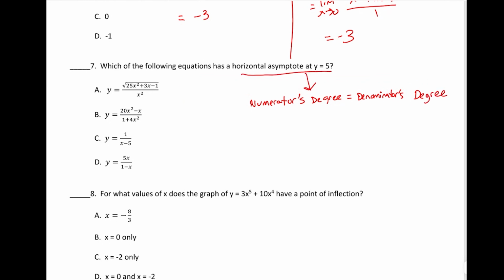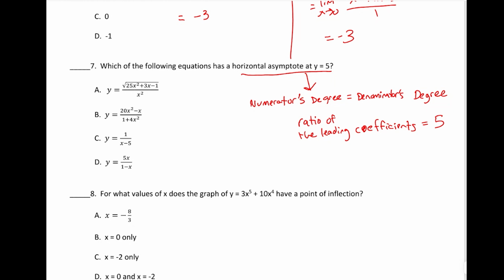Okay, not only do the degrees have to be the same, but the ratio of the leading coefficients must be 5. So like 5 over 1 or something like that. This is actually going to be a lot easier.